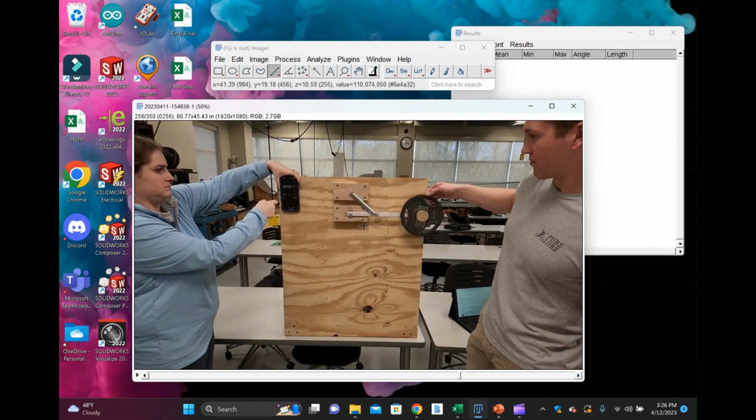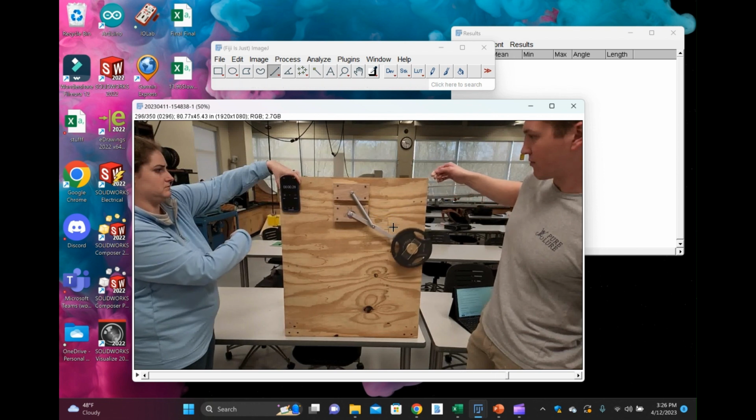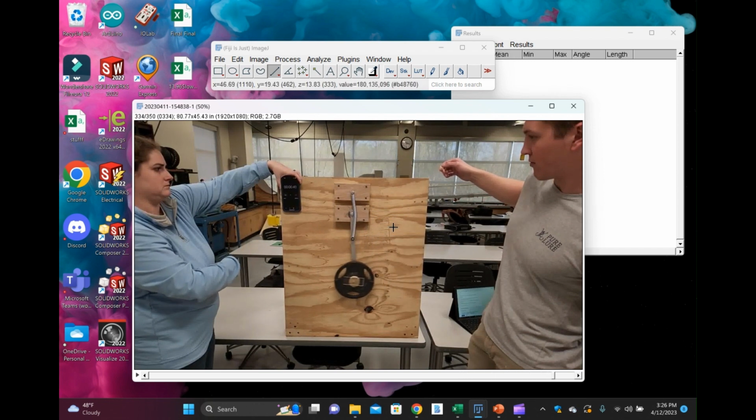So starting at frame 255, this is the first frame where our weight starts to drop at 0 degrees relative to the horizontal here. So 255 all the way down to frame 335. The program allows us to find the difference in frames, which is 80. So we've got 80 frames between 0 degrees and 90 degrees.